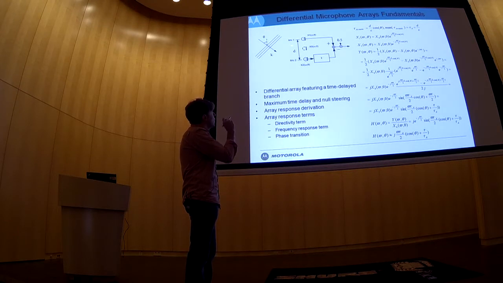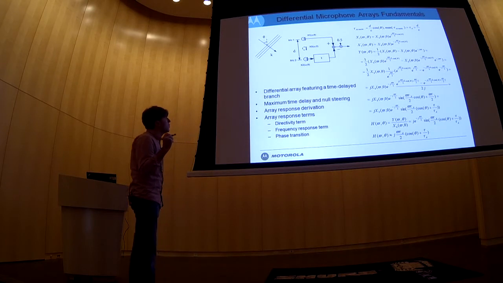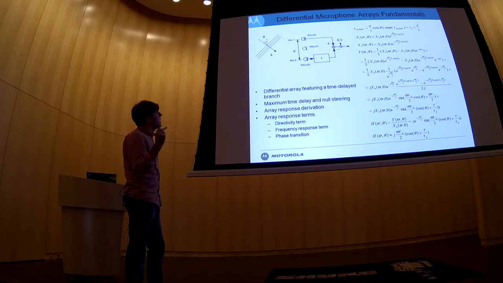The acoustic delay, or the difference between the two signals, will always be smaller, and it will be smaller by exactly this term, when the direction of propagation of the sound field coming from a distant source is at some angle theta.